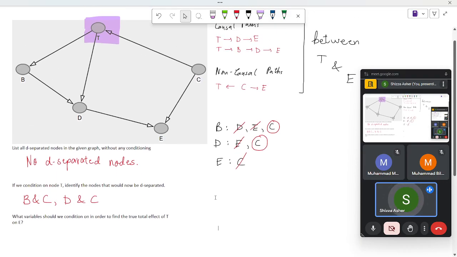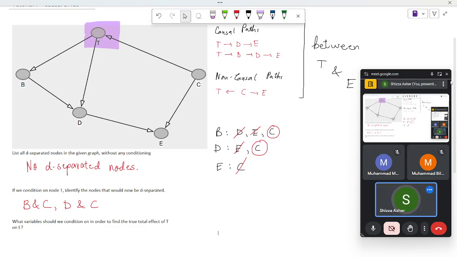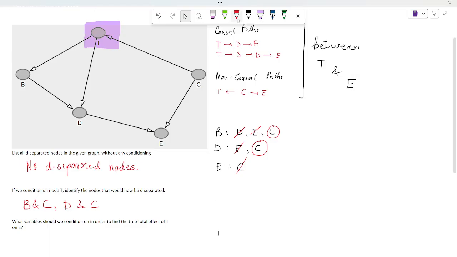So, what variables should we condition on in order to find the true total effect of T on E? So, hold on, if I can just quickly specify over here. Because ये भी फिर confusion होगी. So this essentially means कि मैंने condition कर दिया t पे given that t.